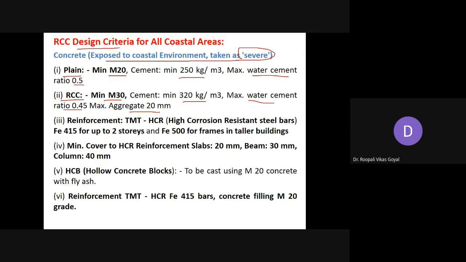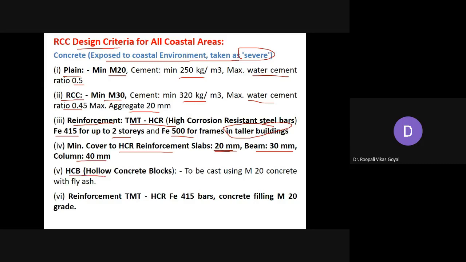Also the reinforcement bars, the steel bars that we use, that should be TMT HCR, that is high corrosion resistant steel bars, that is FE 415 up to 2 storeys and FE 500 for frames in taller buildings. So these are some of the specifications which are common. Then minimum cover to this HCR reinforcement: if you are constructing a slab then minimum cover should be 20 mm, for beam 30, and for column it should be 40.